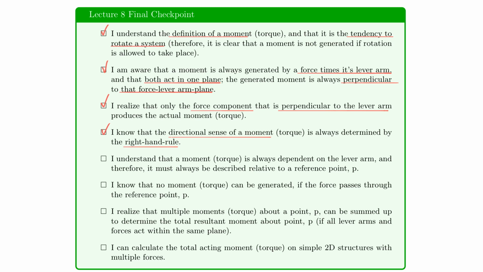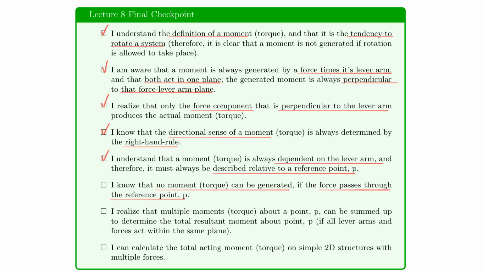Now, the moment, of course, always depends on the lever arm, and therefore it must be described relative to a reference point. Without a reference point, you would not be able to clearly describe or define a moment. And that is also reflected in the next point, where it says that you understand that no moment can be generated if the force passes through the reference point.